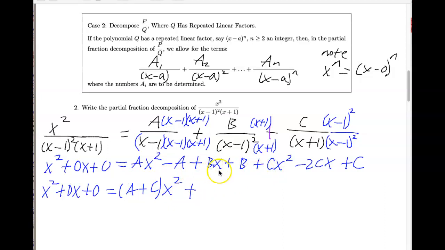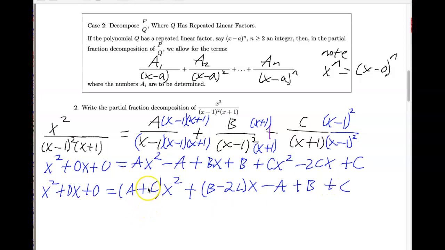Now looking at the x terms, I can write this as B minus 2C times x. And then my constant is going to be negative A plus B plus C.